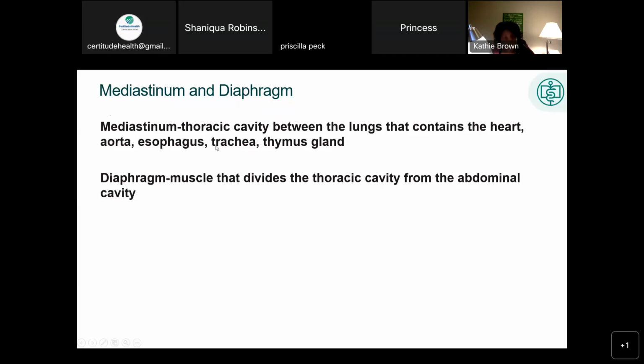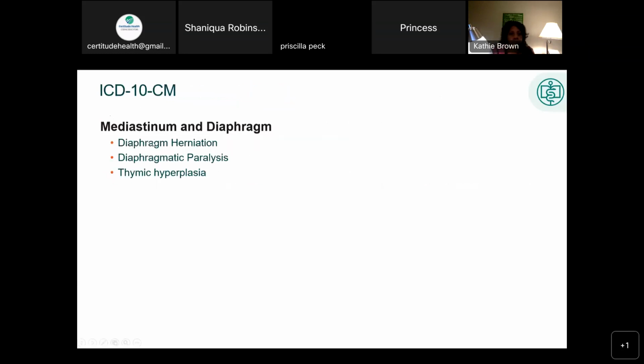So, diaphragmatic herniation. I don't know if anyone has ever known of anyone or had this, but a couple of things that can happen with the diaphragm is that it can become herniated, meaning it can have muscle paralysis.